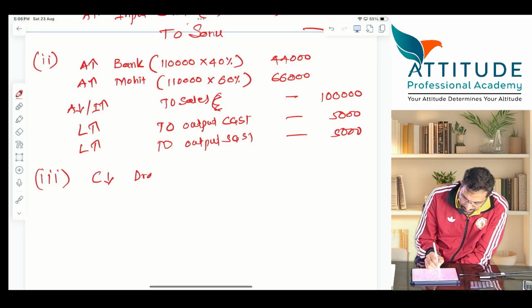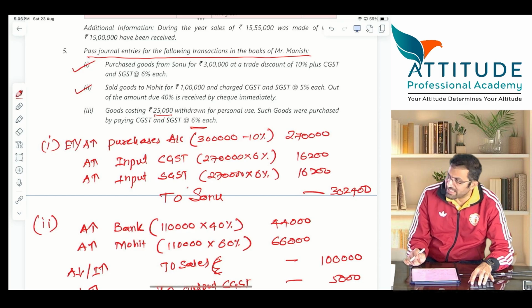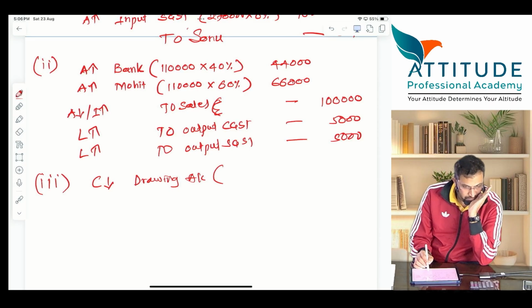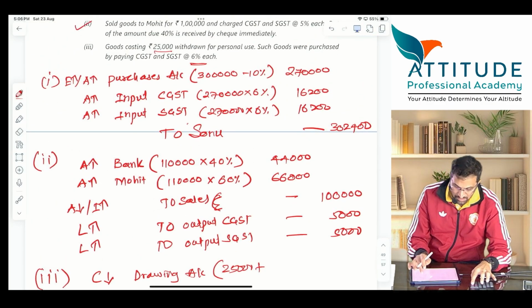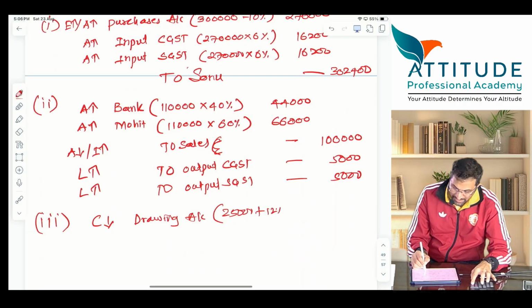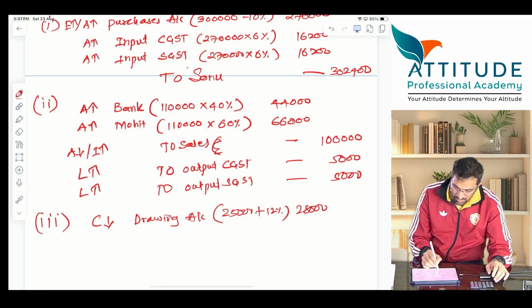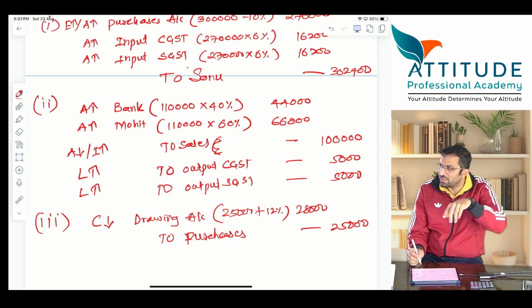Capital reduces. Drawings account debit. Amount, how much? 25,000 and 6% GST. How much does it come to? 25,000 plus 12%, taking both together, 28,000 is coming.